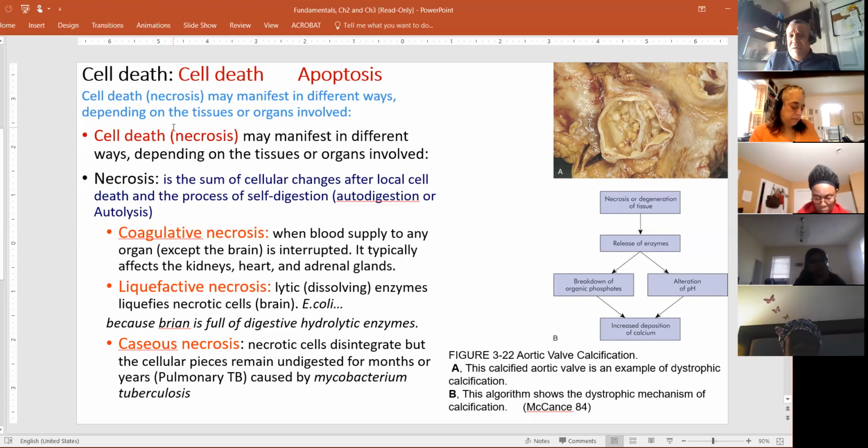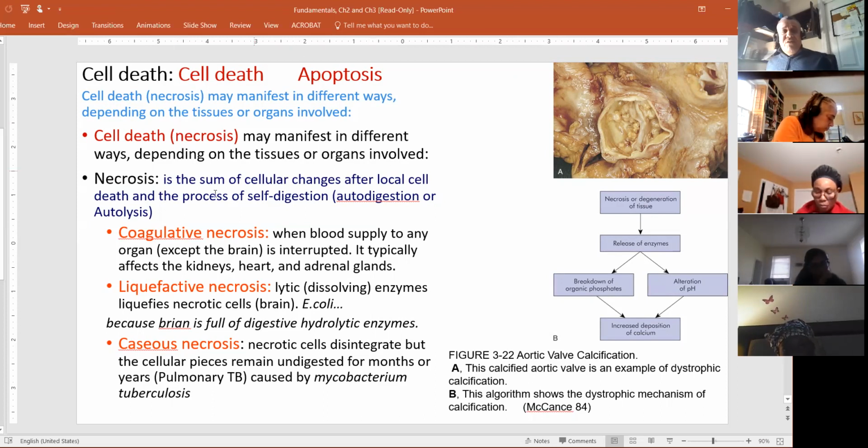I've seen this in a big toe of a patient who's diabetic with a wound that resulted in gangrene, and the gangrenous tissue, that's necrosis. That's cell death, and it has to be removed. It's irreversible. So this is not programmed. This is different from programmed cell death or apoptosis. This is cell death resulting from other factors.